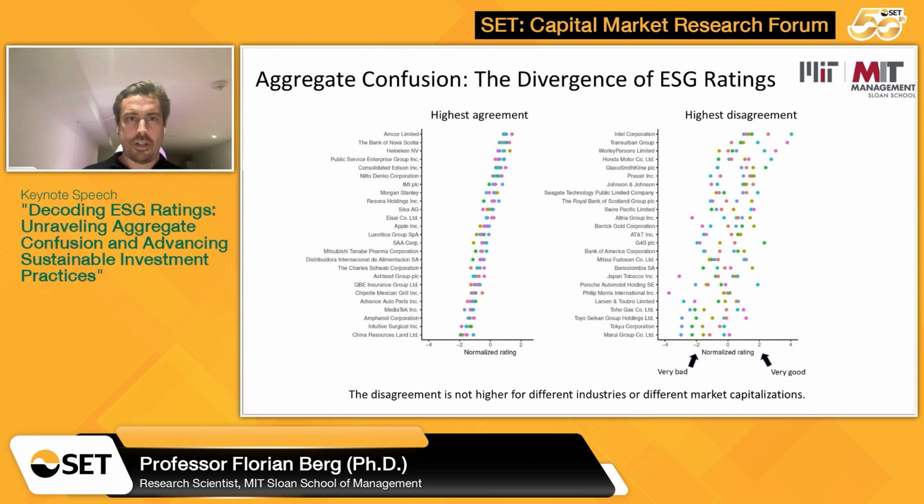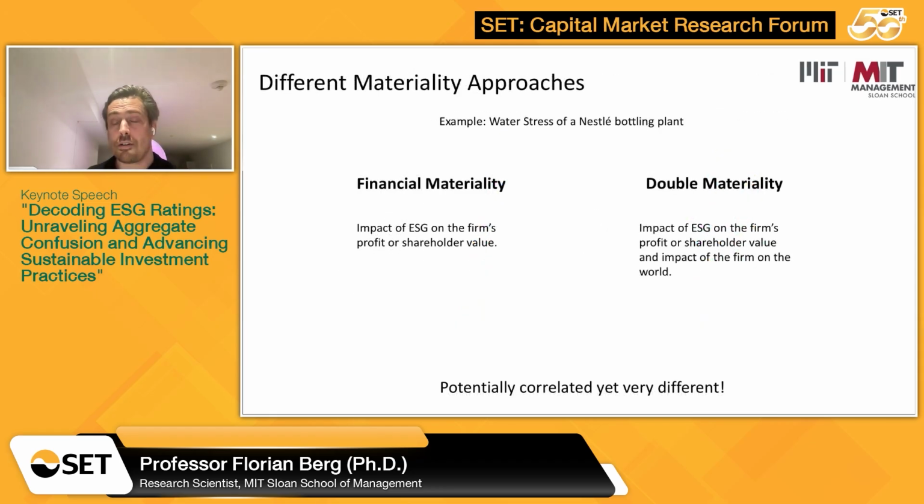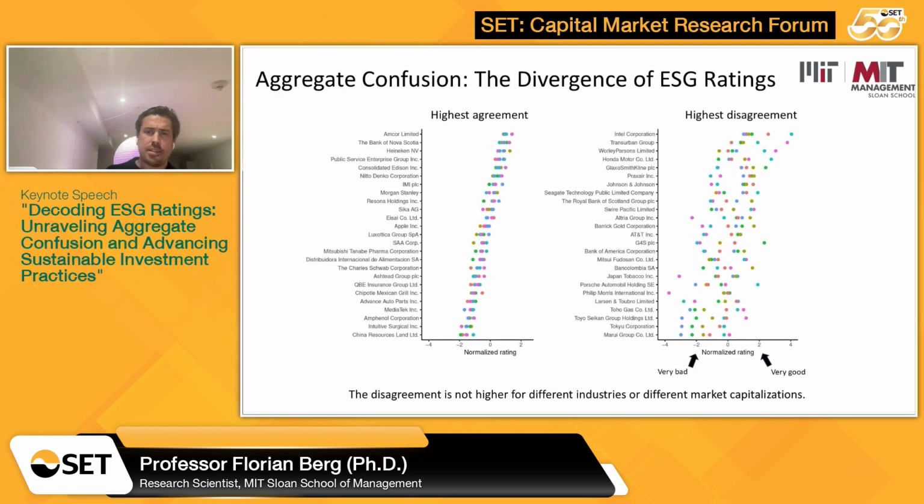And here we took 900 out of the 924 companies in our sample that are common between those 6 raters that we looked at. We graphed those companies where they agree the most and those where they disagree the most. The disagreement is rescaled and expressed in standard deviations.